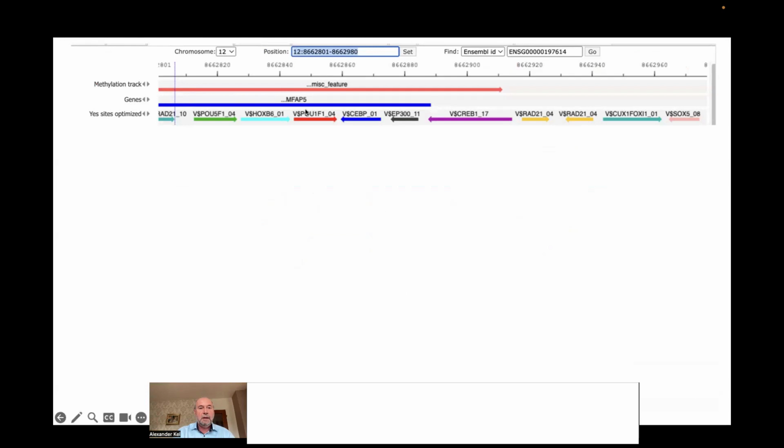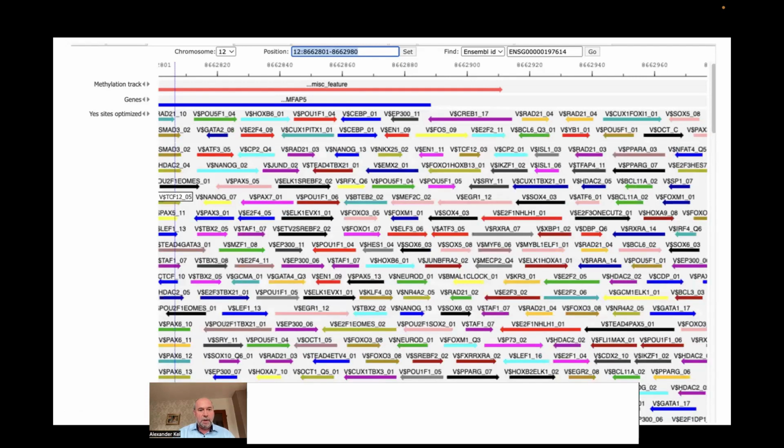So for instance, here is the gene, which is called MFAP, here the first exon, it actually goes in a reverse direction from right to left. So you see that there are many motifs there, but then when you start searching for them more and more, you see this picture. So basically, everything is predicted many times by various types of motifs.